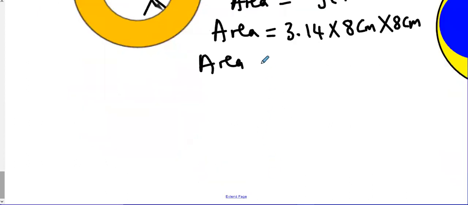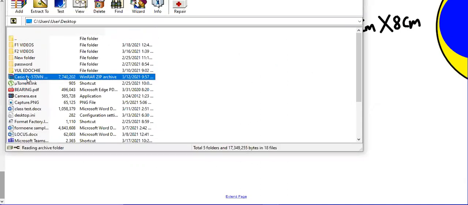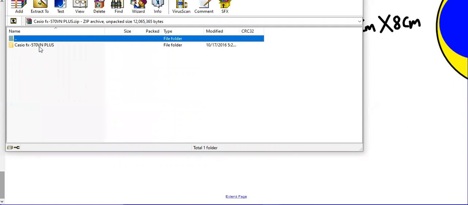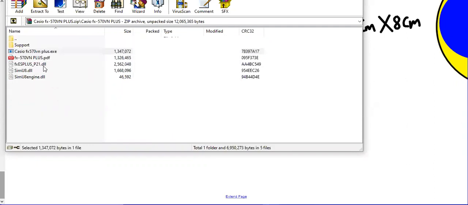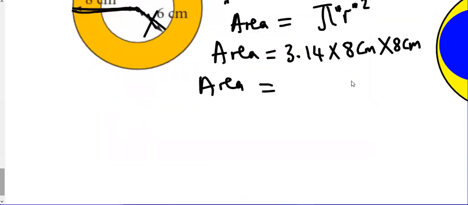Let me do that. 3.14 times 8 times 8. It will take a lot of time. Let me try to use a calculator first, if it's going to work here. You can use your own calculator to calculate 3.14 times 8 times 8, and tell me what the answer is.